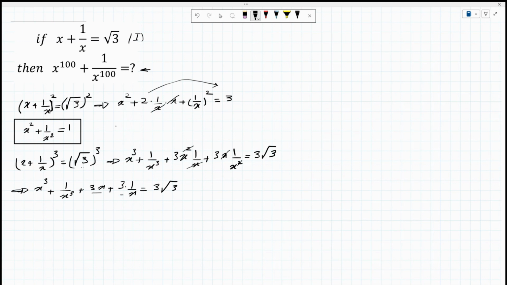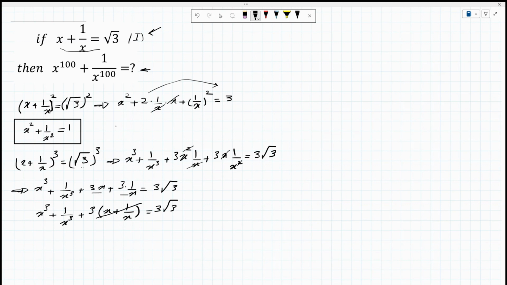So 3 is common in both of these. So here we're going to have x3 plus 1 over x to the power of 3 plus, I'm going to take 3 out, it will give us x plus 1 over x, equals 3 square root of 3. As per equation number 1, we know that x plus 1 over x is equal to square root of 3.